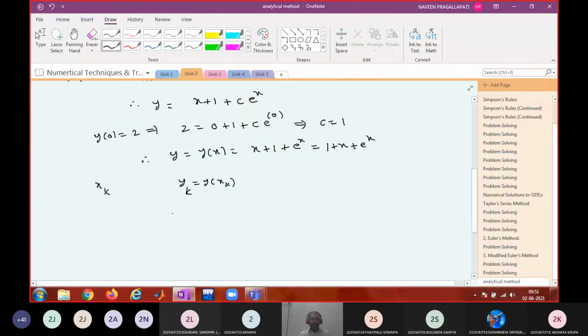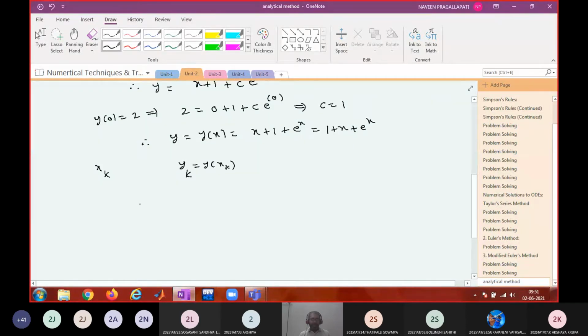Under this, approximate value, true value. Okay, so 0.2, 0.4, 0.6. What are the approximate values for this?